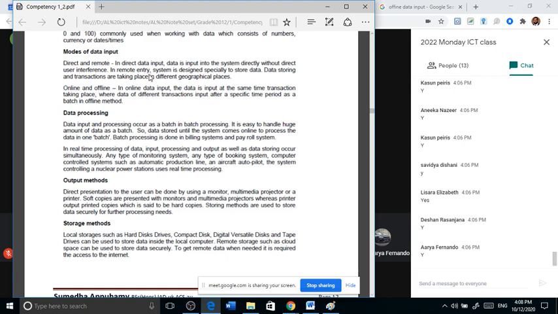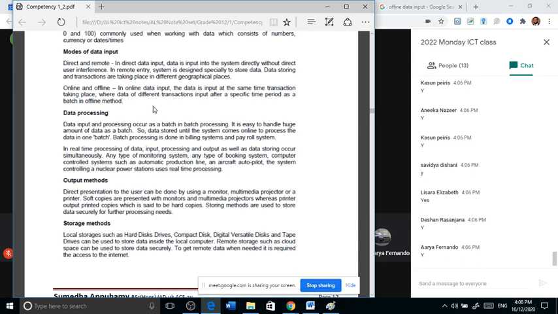In remote entry, the system is designed specially to store data. Data storing and transactions are taking place in different geographical places. We collect data from one place, like a volcano. The data taken from sensors at the volcano is stored at a remote location, then taken to a central location and analyzed. The collected data is used somewhere else. Think of weather forecasting. What happens in weather forecasting?